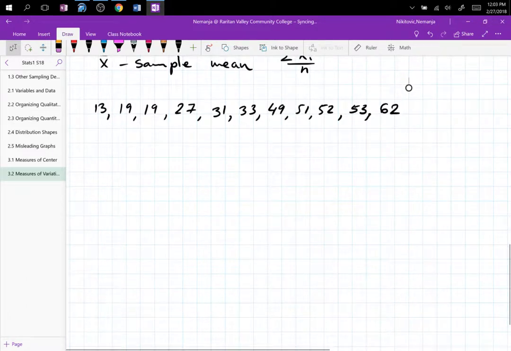The way I'm going to do this is I'm going to create a chart of that.